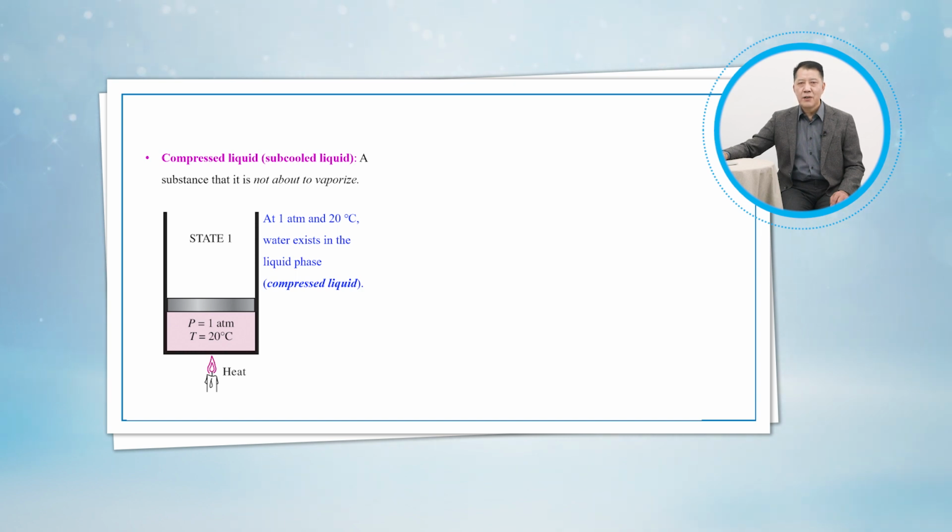Heat is now transferred to the water until its temperature rises to, say, 40 degrees centigrade. As the temperature rises, the liquid water expands slightly, and so its specific volume increases. To accommodate this expansion, the piston moves up slightly.